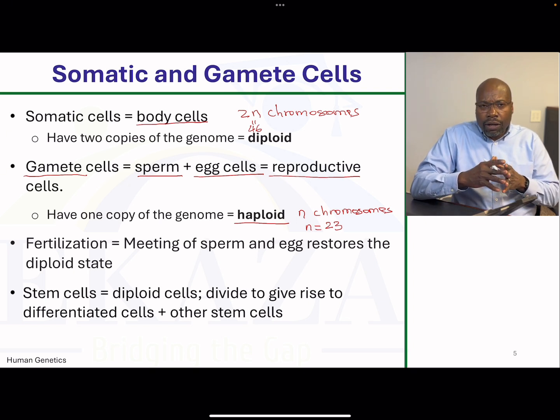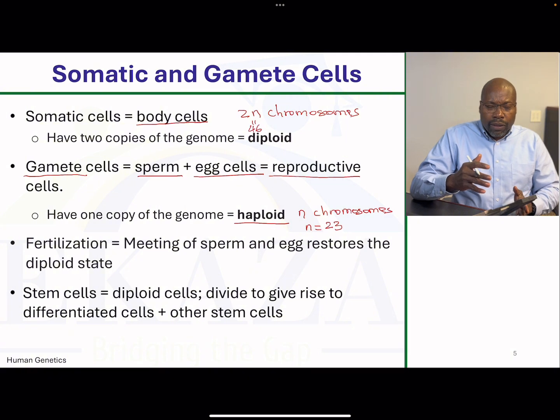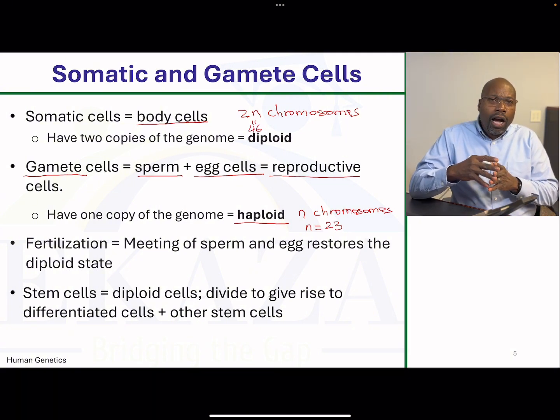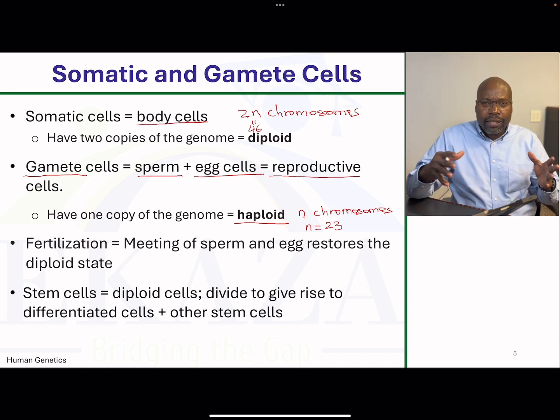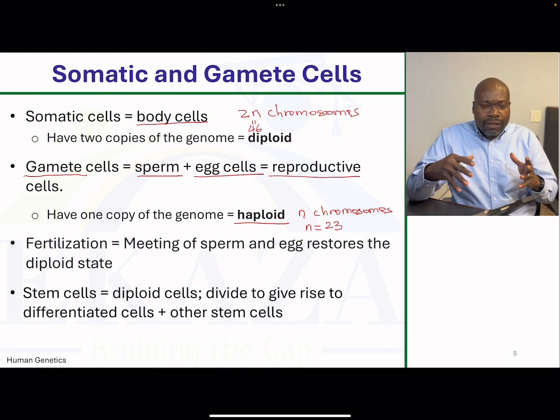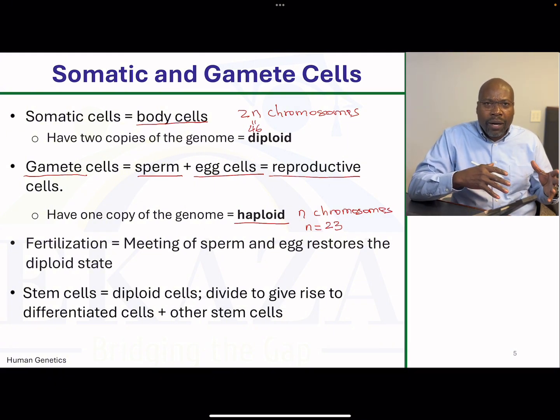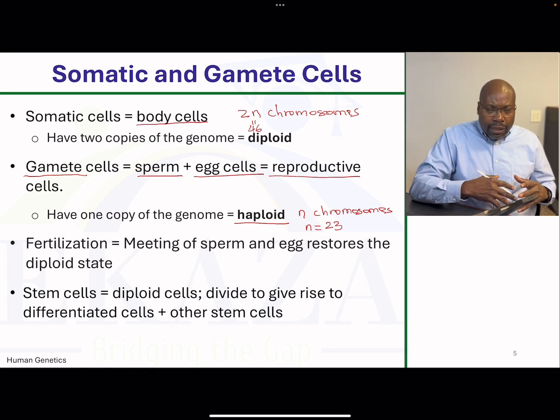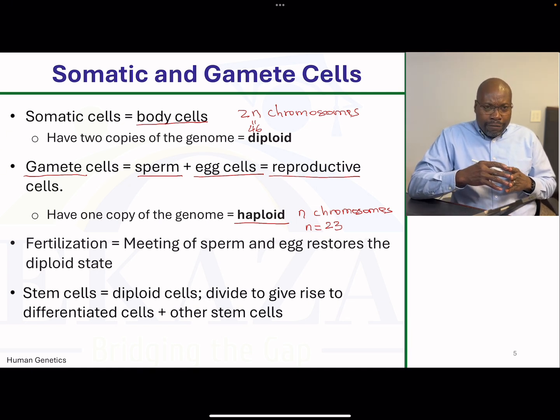When the zygote starts multiplying, the cells that are now diploid are going to become stem cells. And the stem cells have the power to differentiate into many, many kinds of cells. All the cells that we have in our body come from that original cell that is a zygote that eventually is going to split into two cells.